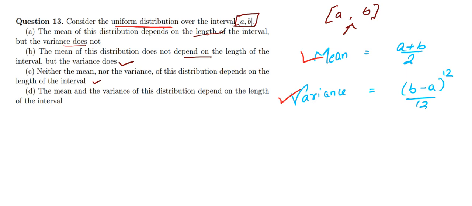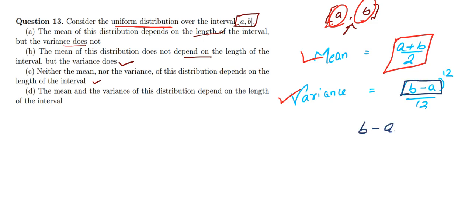The mean (a plus b) by 2 is simply based on the two end terms of the interval. But in the variance we have b minus a, the last term minus the first term, which gives us the length of the interval. So the variance is the length of the interval squared divided by 12.